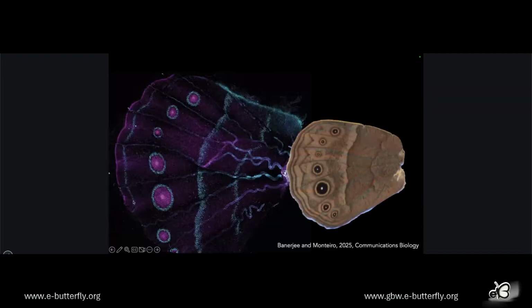So here, for instance, we have a pupal wing of a Bicyclus anynana butterfly, stained. So these colors, by the way, what they represent is we are doing a technique called hybridization chain reaction. And what we are localizing is the mRNA, the messenger RNA, that is produced through gene transcription.